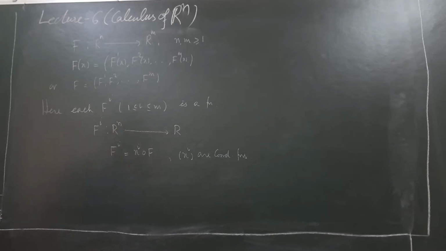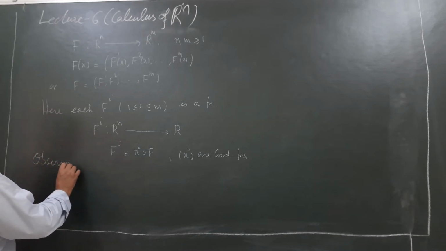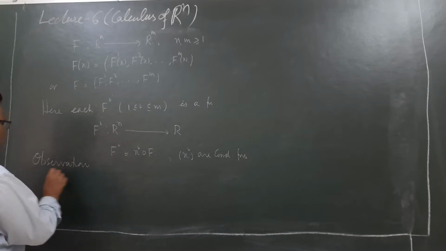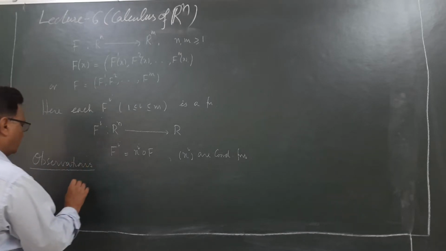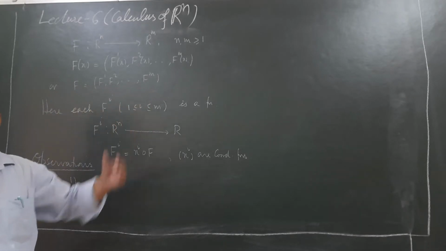So, there are some easy observations. The first observation, number 1: f is continuous at a given point if and only if each of its components is continuous.